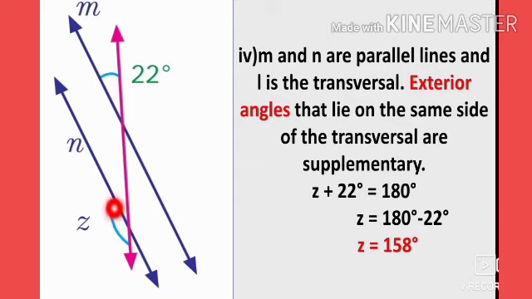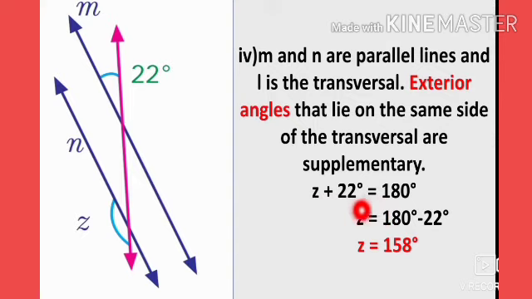Since exterior angles that lie on the same side of the transversal are supplementary, the sum of these two angles, that is Z plus 22 degrees, is equal to 180 degrees.